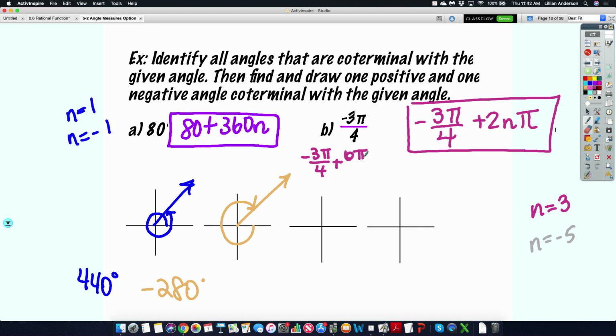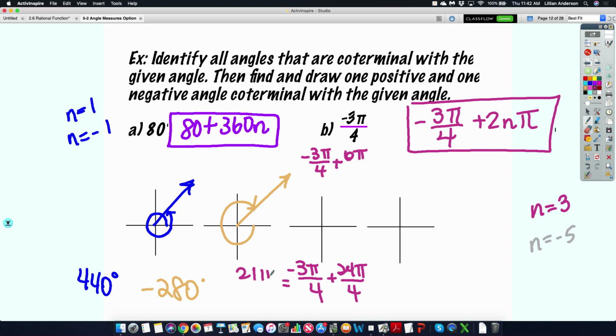Again, how do I add a fraction to a whole number? Common denominator. My common denominator is going to be what number? 4. So then 6 pi is going to turn to what pi over 4? What's -3 pi plus 24 pi? 21 pi.